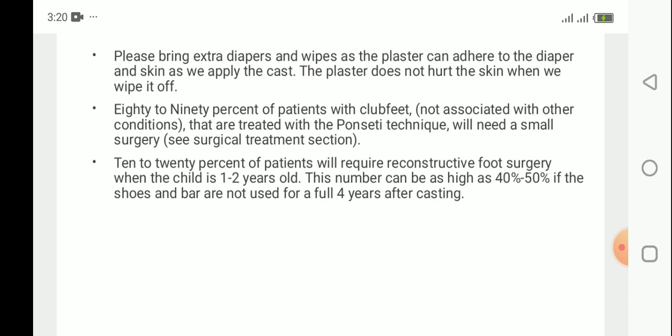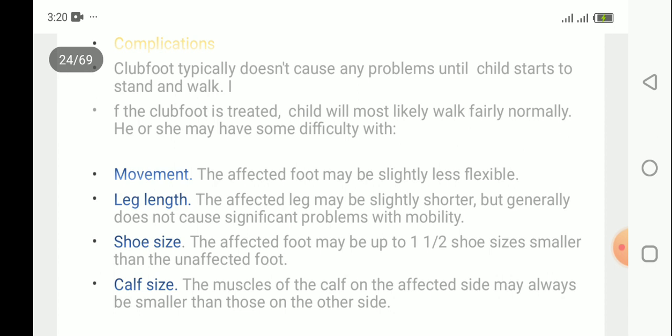This number can be as high as 40 to 50% if the shoes and bars are not used for the full 4 years after casting. That means after treatment, after surgery also, the shoes should be used for 4 to 5 years in order to heal properly.